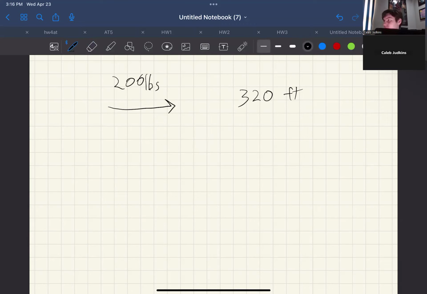But the question becomes nuanced when it's something like, I have my force vector happening in a different direction than where I'm trying to move.